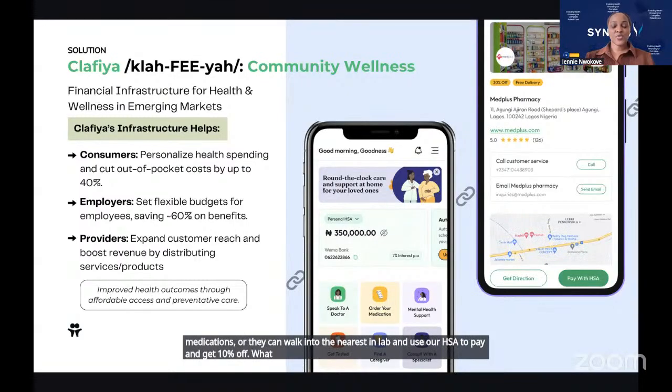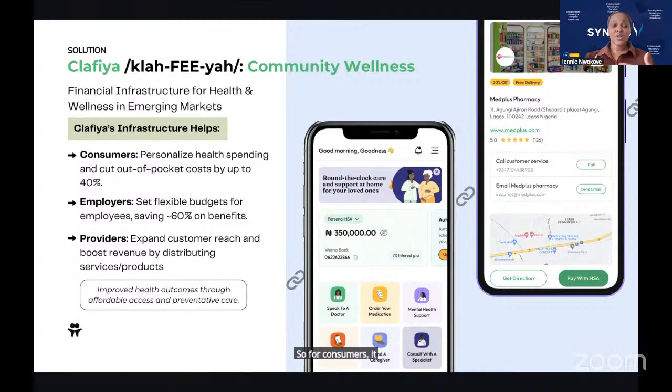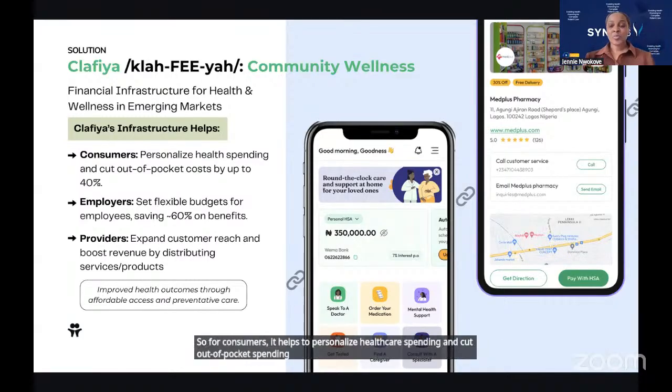What does our infrastructure do? So for consumers, it helps to personalize healthcare spending and cut out-of-pocket spending up to 40%. For employers, they're able to set a flexible budget for employees, saving them 60% on their healthcare benefits.